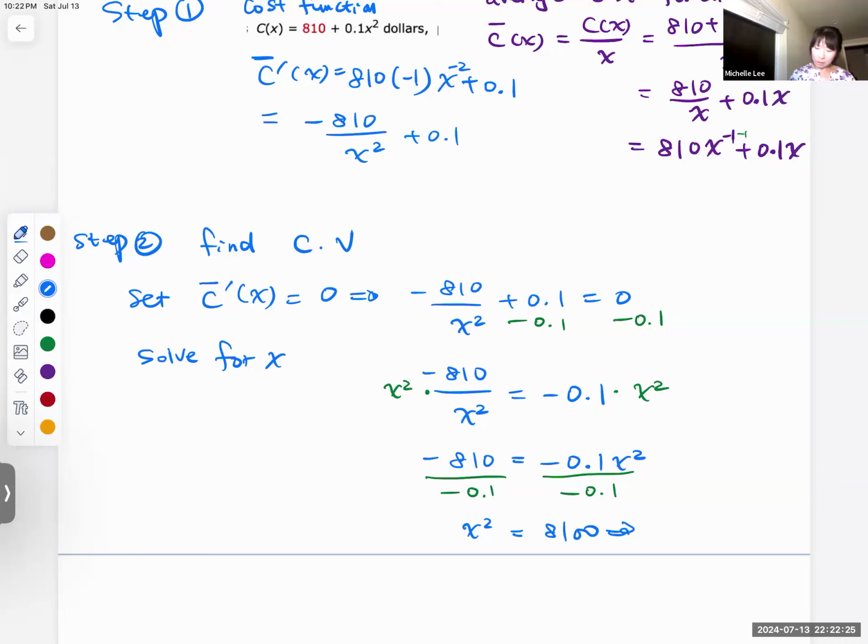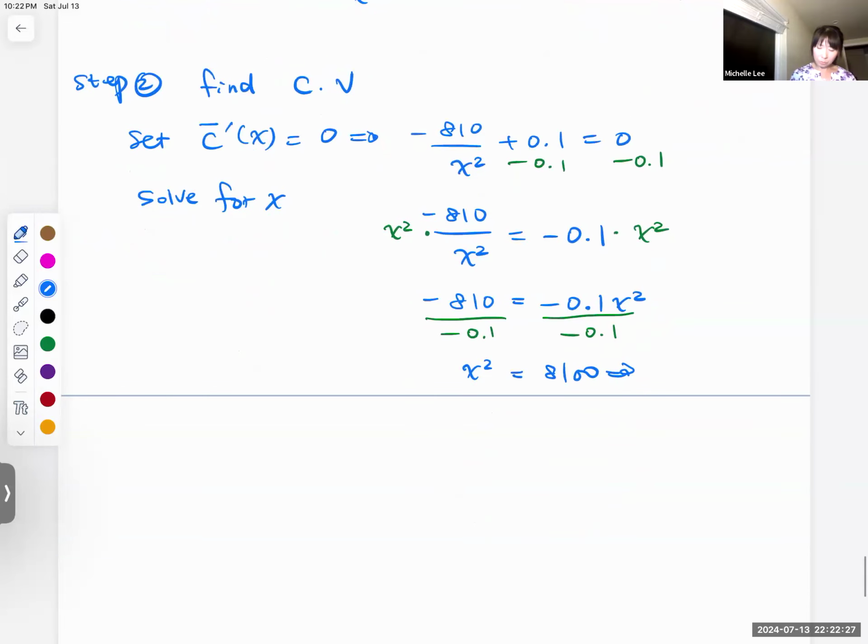So we take the square root of both sides, so x is plus or minus 90. Once again, x is the number of units, right? So we cannot have negative units. So x equals 90. This is a critical value.